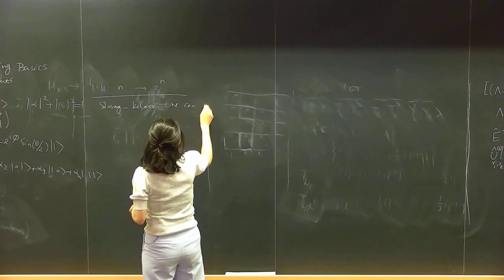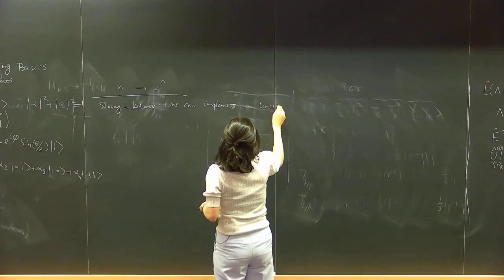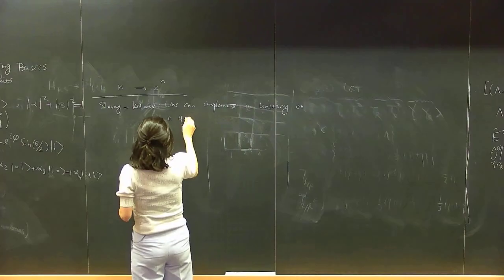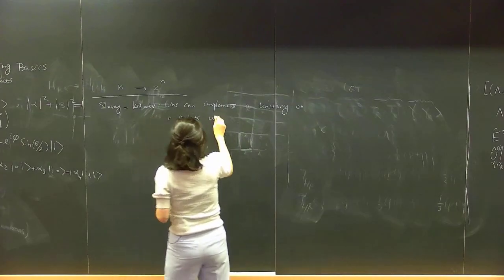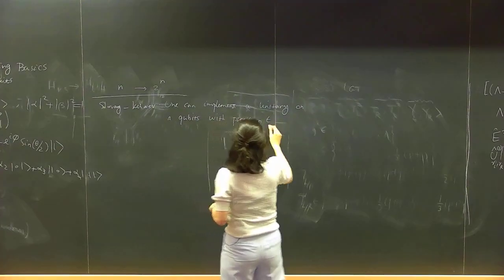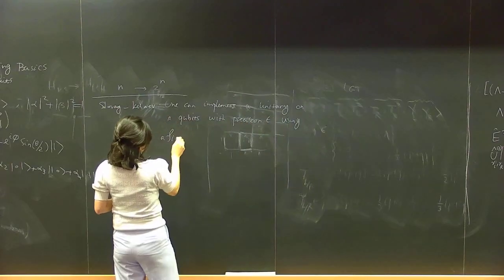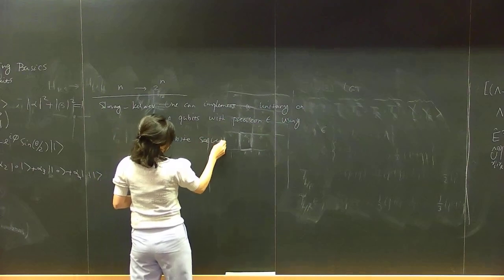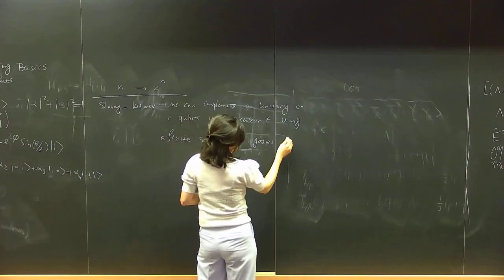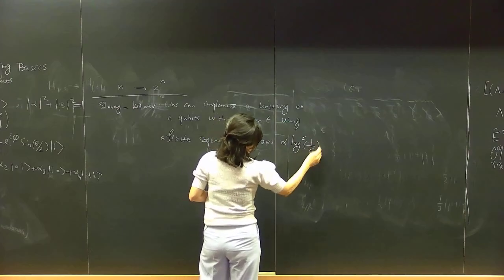One can implement a unitary on n, or a finite number of qubits, with precision epsilon using a finite sequence of gates whose number would scale like logarithm to some constant power c of 1 over epsilon.